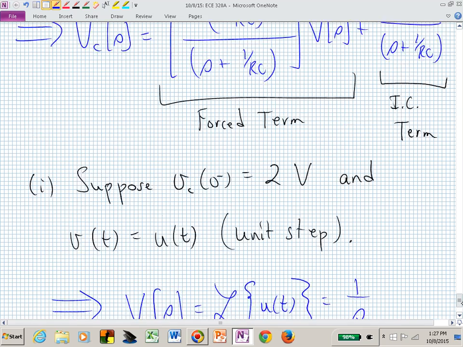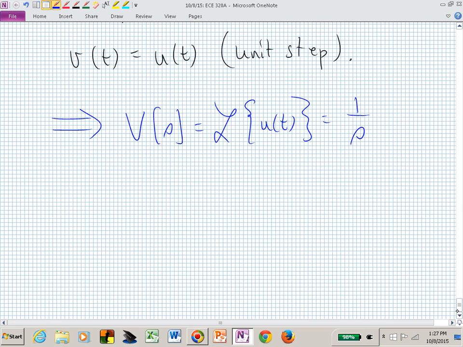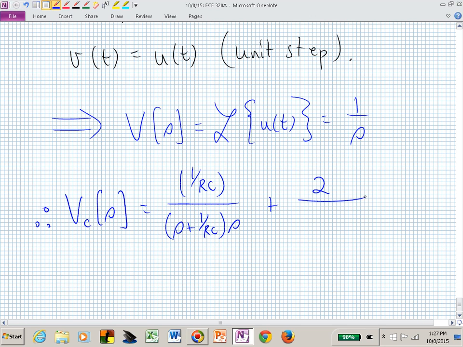We can now plug that 1 over s in and eliminate that capital V of s. So now our expression for V sub c of s is 1 over RC over s times s plus 1 over RC, plus the initial condition 2 over s plus 1 over RC.